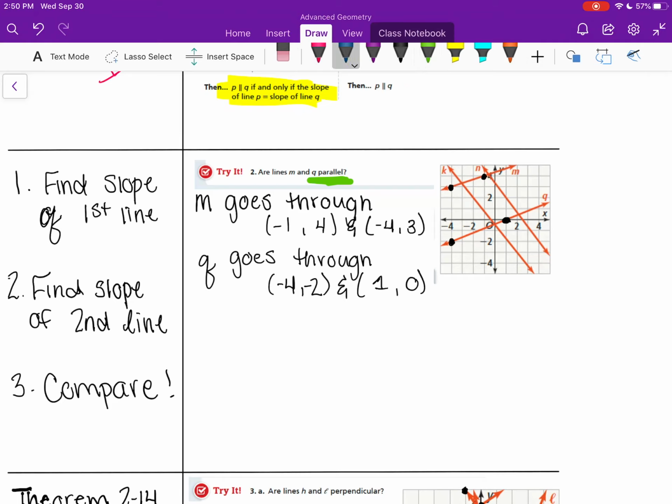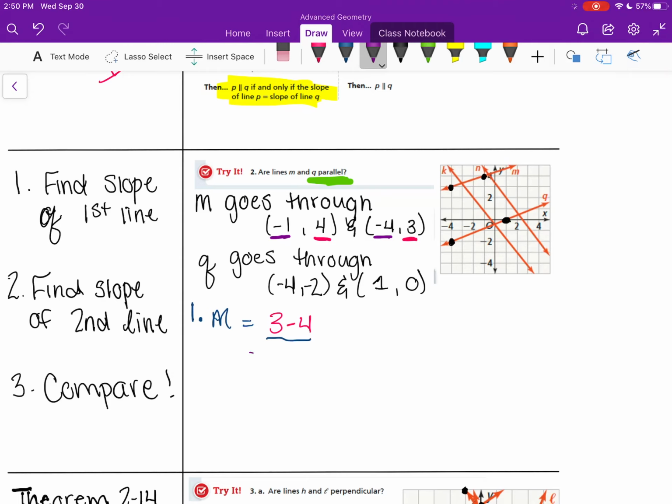All right, so let's do step 1 and find the slope of line M, and we use m to represent slope. We want to do y sub 2 minus y sub 1, so I'll do 3 minus 4, and I'm going to put that over x sub 2 minus x sub 1, which is negative 4 minus negative 1.